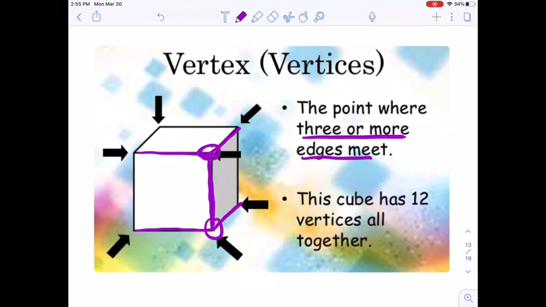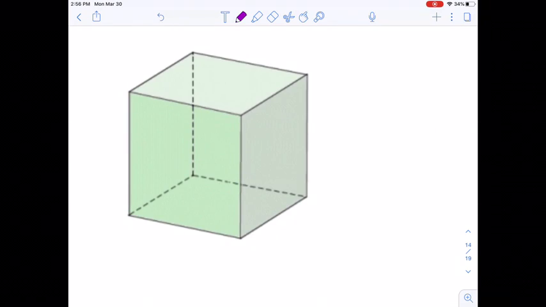So it's a little hard to tell on this picture why this can be called a vertex because I only see 2 edges meeting here, and this says 3 or more. So I have a special kind of picture to show you that will let you see the other side of this shape also. So here's another cube, and if we look at it, these dotted lines show us the back of the cube so that we can see all the sides of the cube at once.